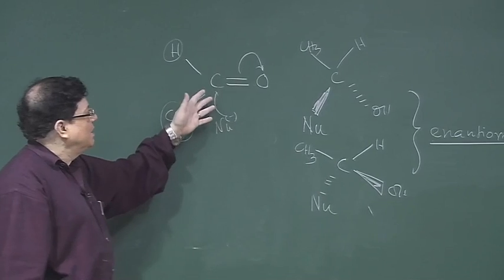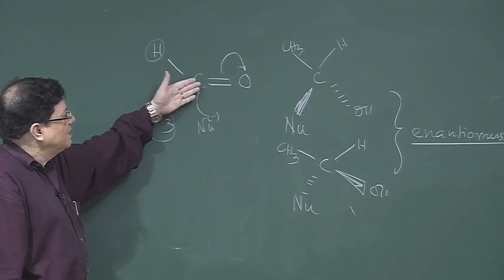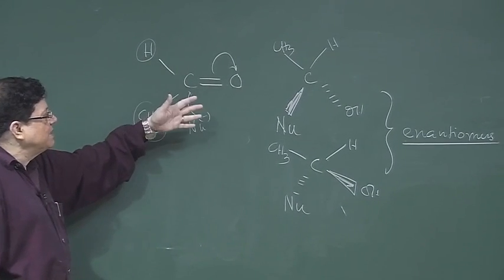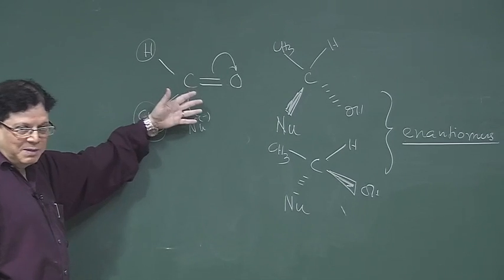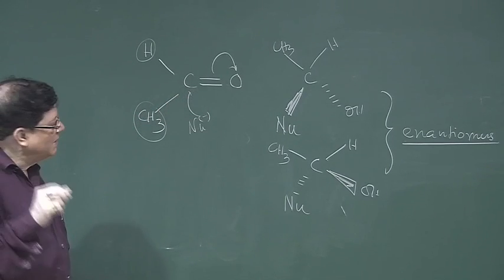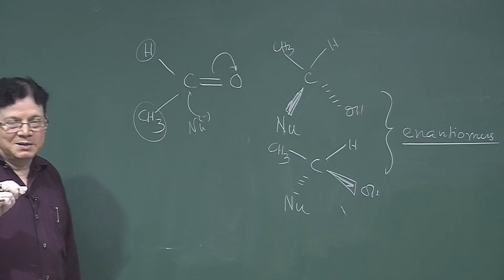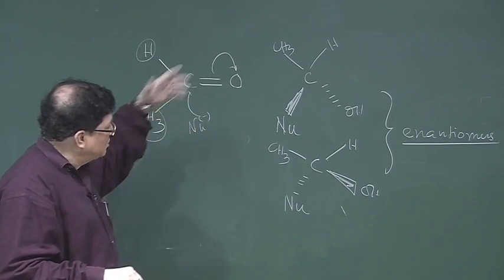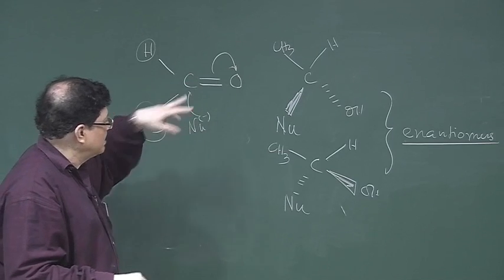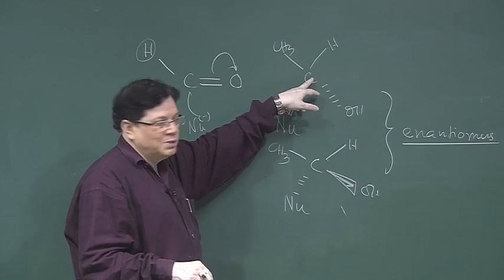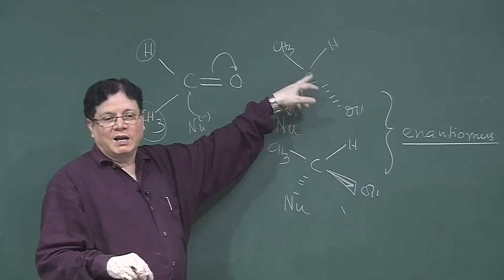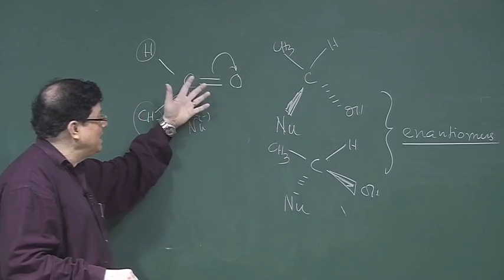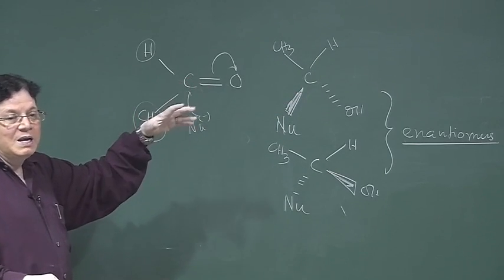So, first of all, these faces are now no longer similar, and you have to assign a name to them, just like we have assigned the absolute configuration of this carbon, which has four different groups attached. Similarly, this space has to be given a name.